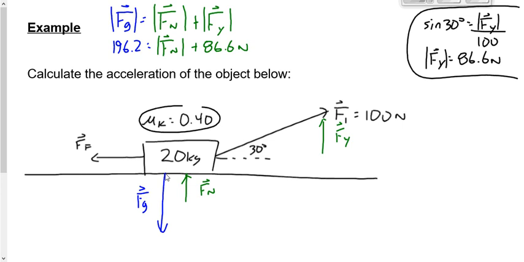If Fy is 86.6 newtons, and Fg is 196.2, if I take the 86.6 over to the left-hand side, sorry, that is wrong, thank you. That should be 50 newtons, right? I was doing cosine, I think, right?